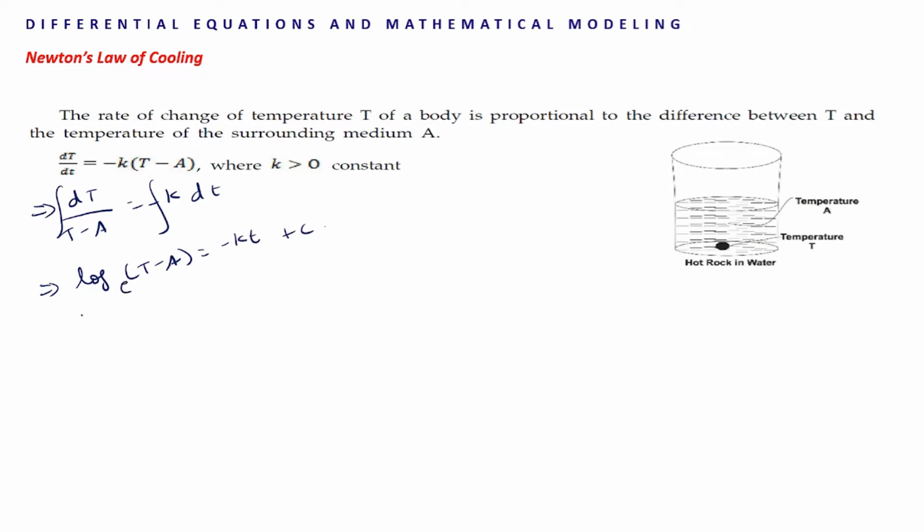Now this is to the base e. So from this we have T minus A equal to e raised to minus kt plus c, which is equal to e raised to minus kt into e raised to c. Now this e raised to c, I am writing it as lambda. So T minus A equal to lambda into e raised to minus kt. This is the mathematical model which we can use to find the temperature at any time t if we know A and lambda.